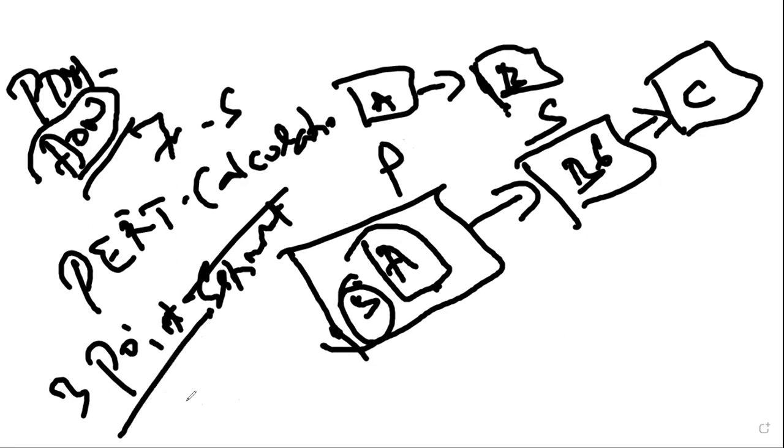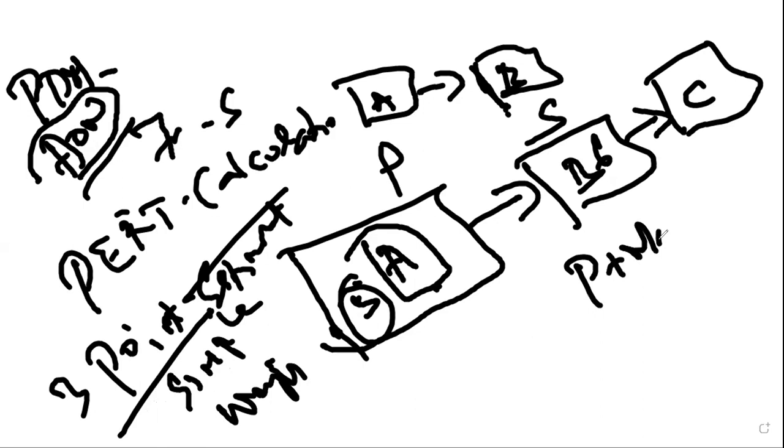So either you can go with a simple average. The simple average, which is a 3-point estimation method, gives you the simple average. Triangular or beta? Triangular. Triangular always gives you the simple average, and beta gives you the weighted average. Guys, remember the formula: pessimistic plus most likely plus optimistic divided by 3 will be your triangular.